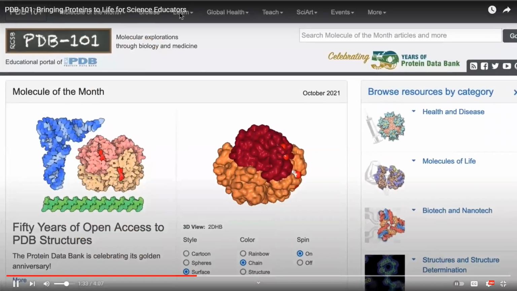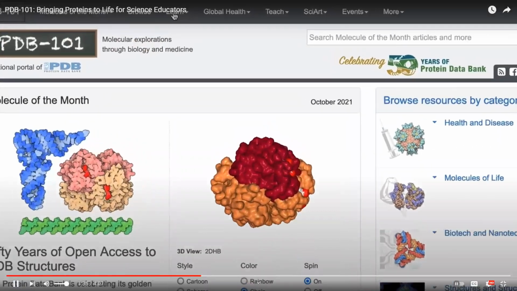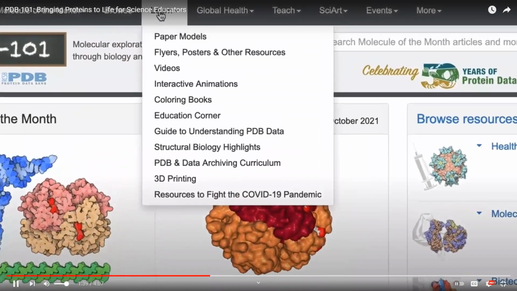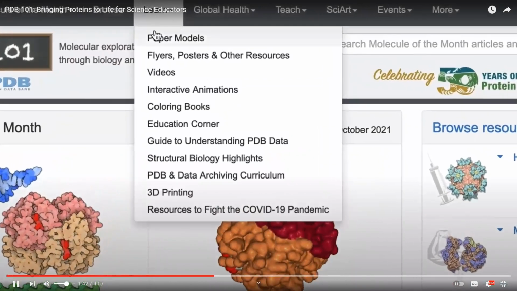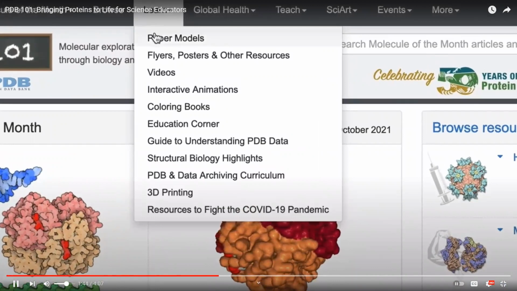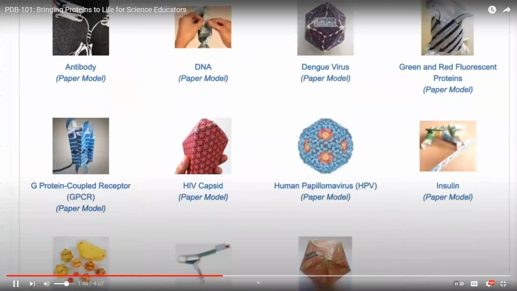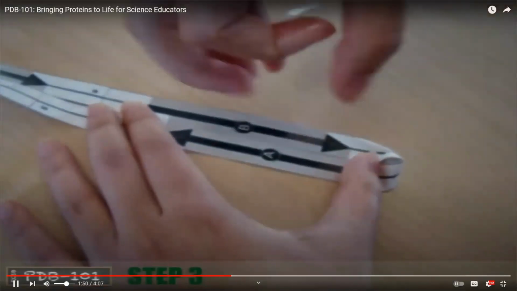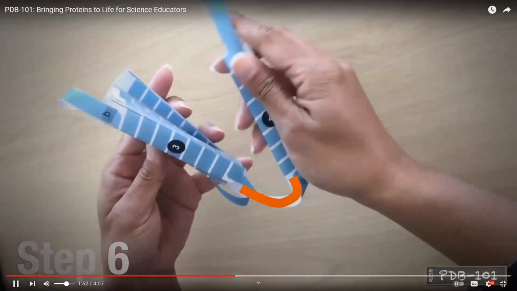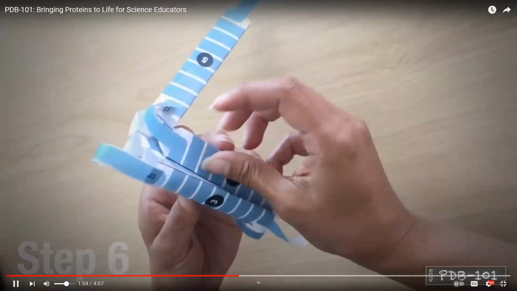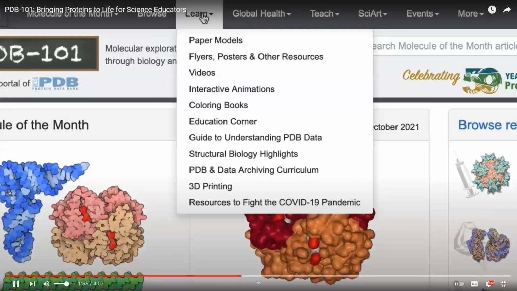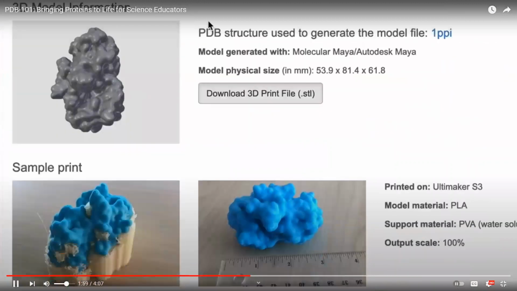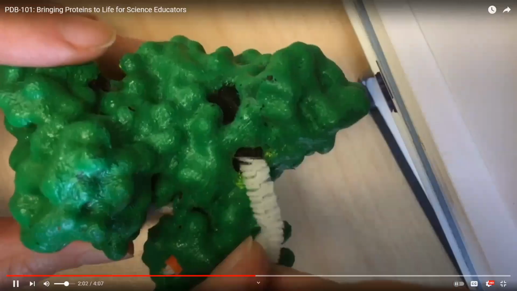Under the Learn tab, PDB101 features various resources that can supplement any curriculum with 3D structure-driven activities for all types of learners. Looking for hands-on learning resources? Bring PDB101's hands-on paper models into the classroom. Building these models will help students to become familiar with key aspects of protein structure. Additionally, PDB101 provides 3D printable models that highlight interactions between a protein and its ligands.